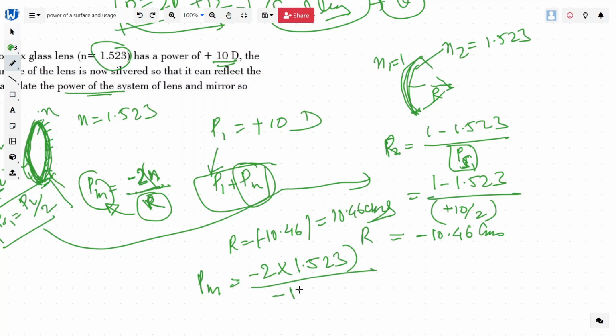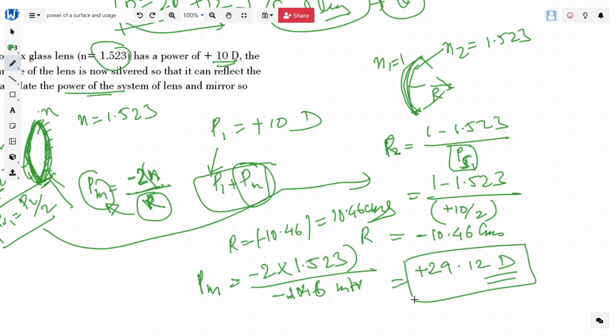Minus 10.46, which is 0.1046 meters. Okay, so it is minus 2 into that, and basically the minus minus will cut. So now we'll have 29.12 diopter, which is the power of the mirror.